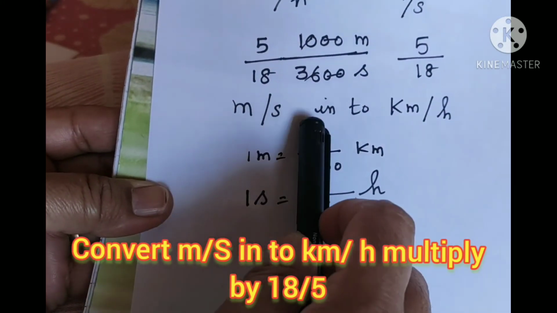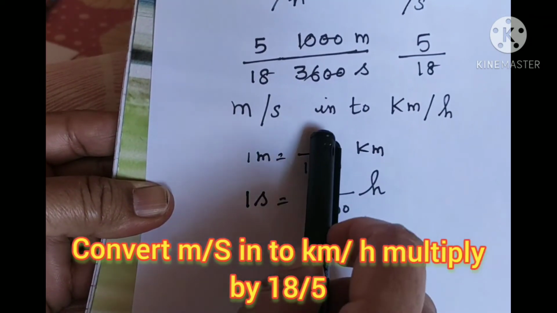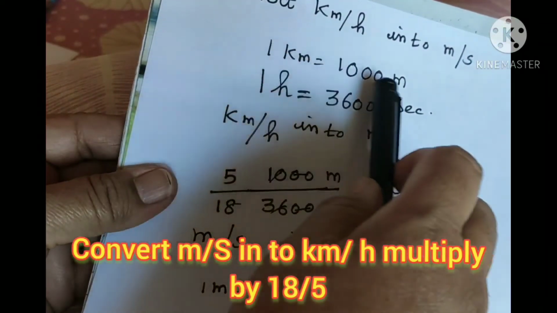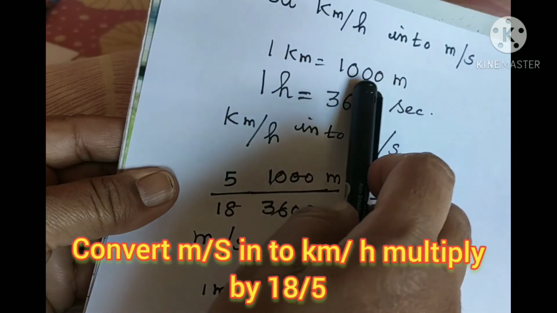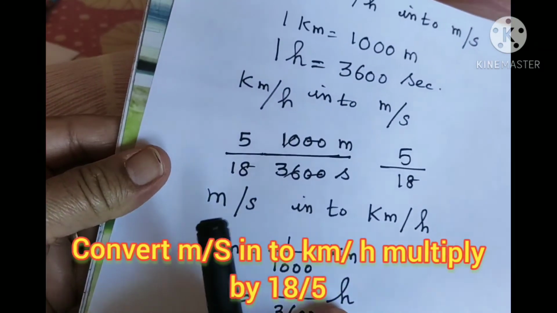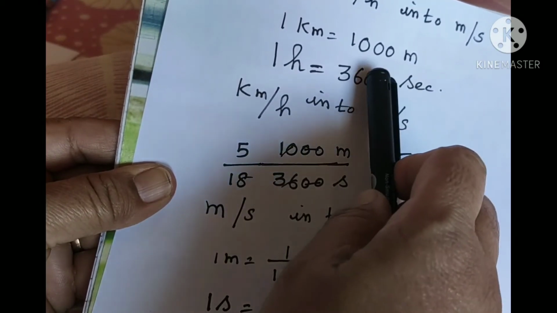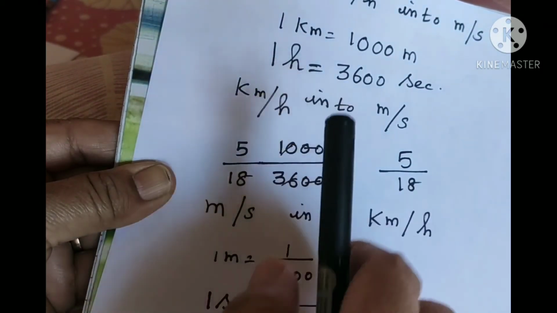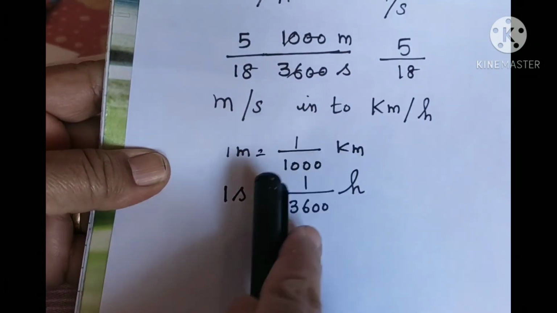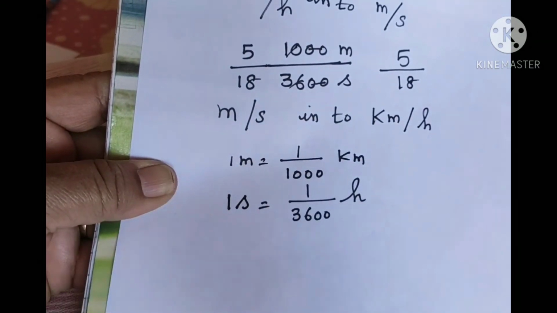Convert meter per second into kilometer per hour. You know 1 kilometer is equal to 1000 meter, so 1 meter is equal to 1 upon 1000 kilometer. The same way, 1 hour is equal to 3600 seconds, so 1 second is equal to 1 upon 3600 hours. So 1 upon 1000 divided by 1 upon 3600.